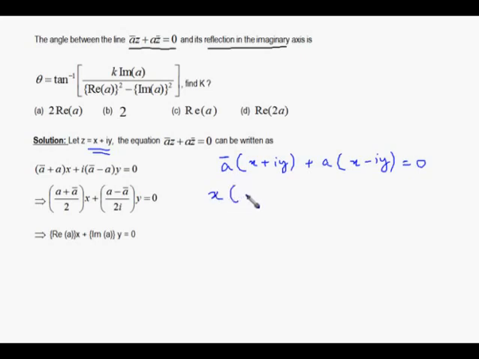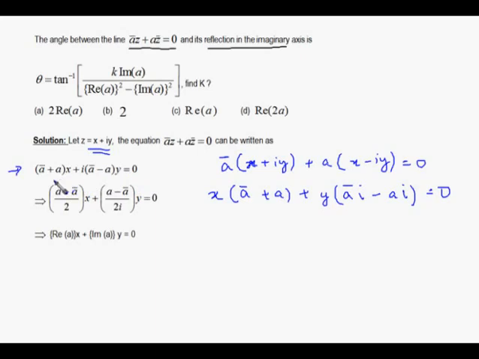I take the X with A conjugate and A, so I get A conjugate plus A. With the Y, I get A conjugate I minus AI, so I take the I common. That is (A conjugate plus A) times X plus iota times (A conjugate minus A) times Y equals 0.